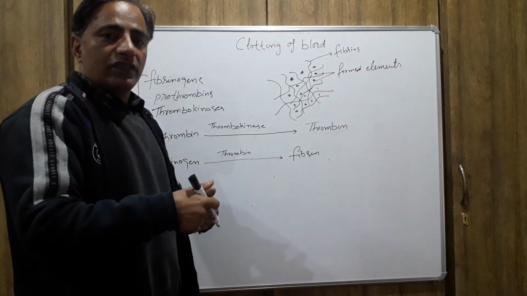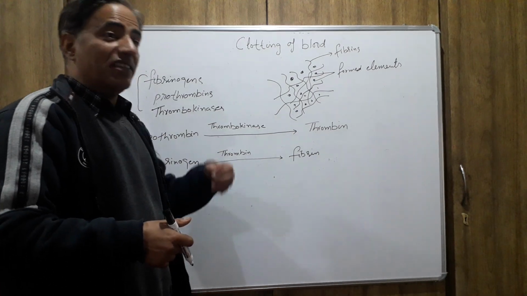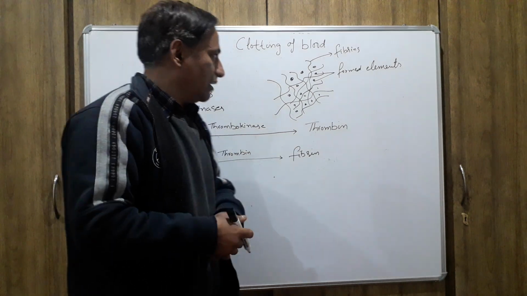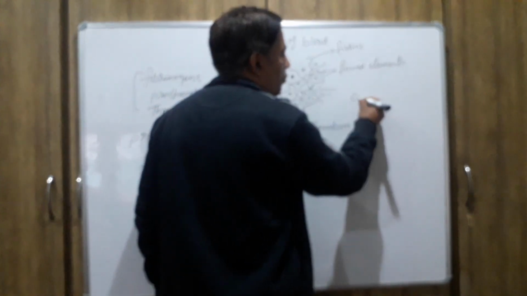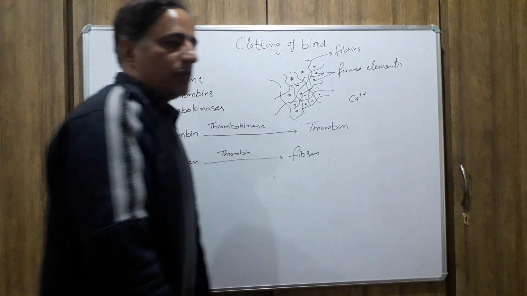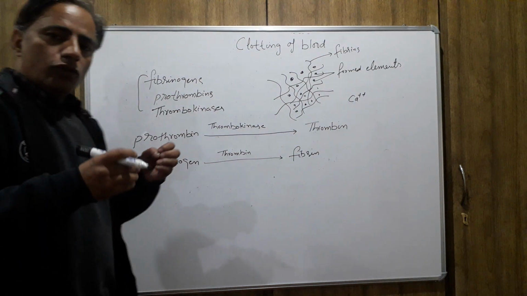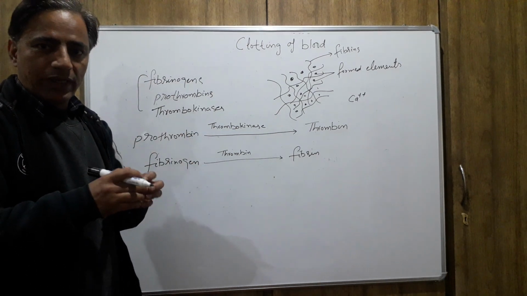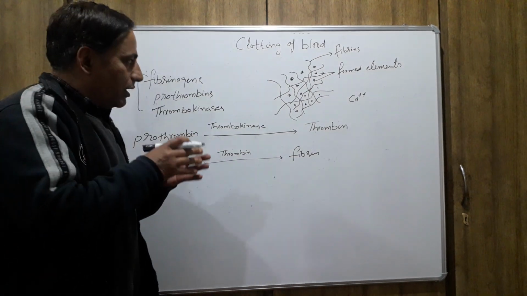You must understand that there are certain other elements or factors which assist us in clotting the blood, in forming the clot at the site of the injury. Calcium ions play an important role in the coagulation of the blood. So in a nutshell, there are certain substances, proteins, which remain in an inactive state within the plasma.